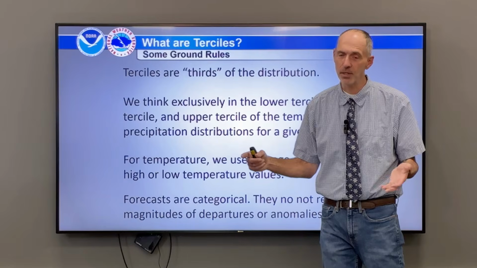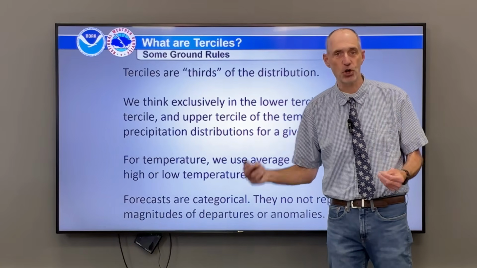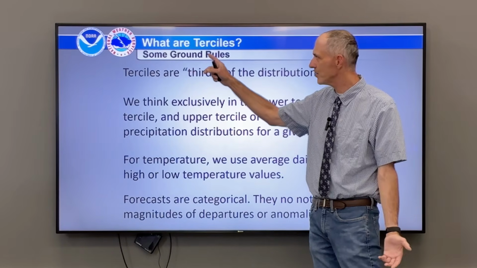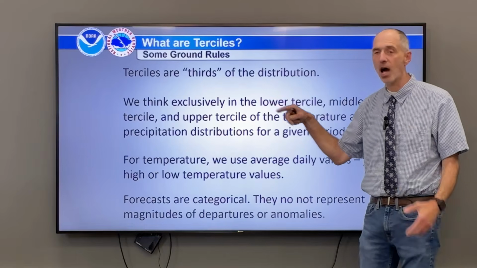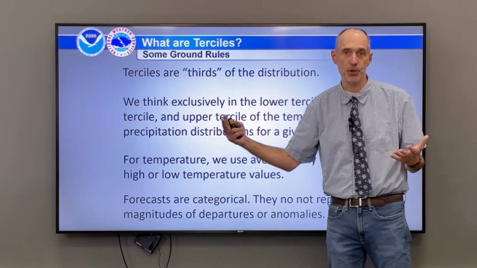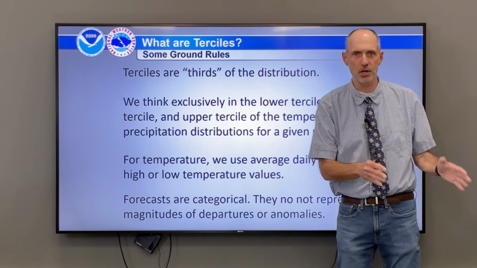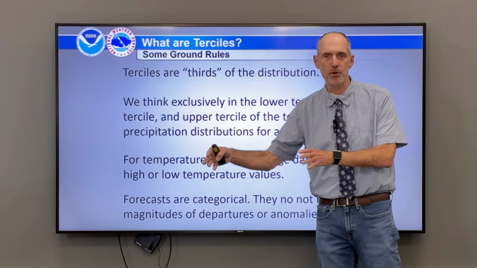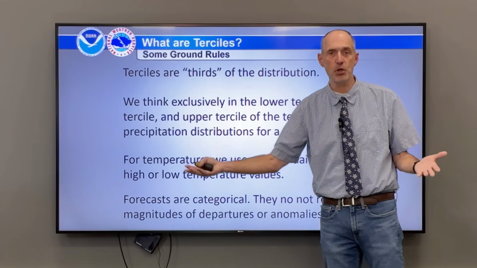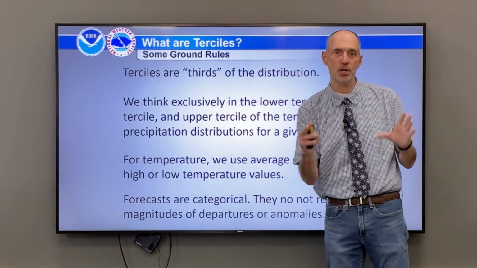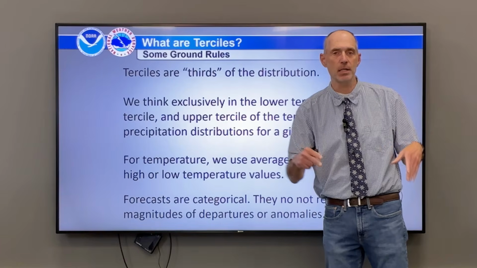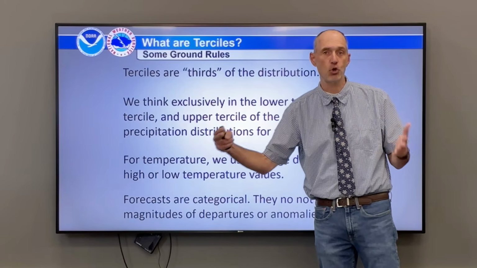First thing we need to talk about is this concept of a tercile. Okay, so what is a tercile? Well, terciles are thirds of a distribution. There's a lower third, middle third, and an upper third, and we use these in terms of our 1991 to 2020 climate normal period.